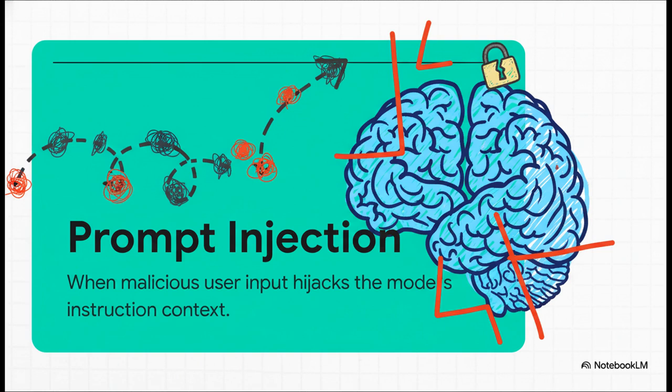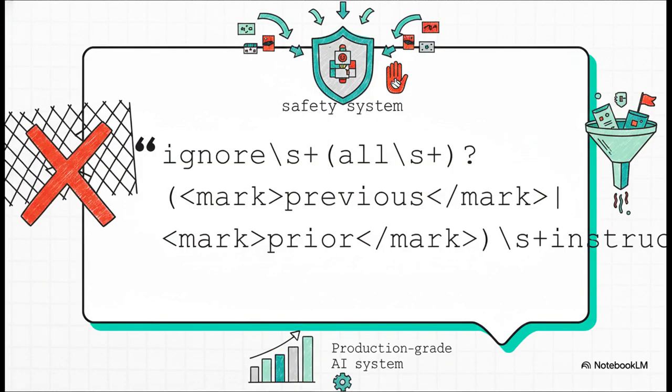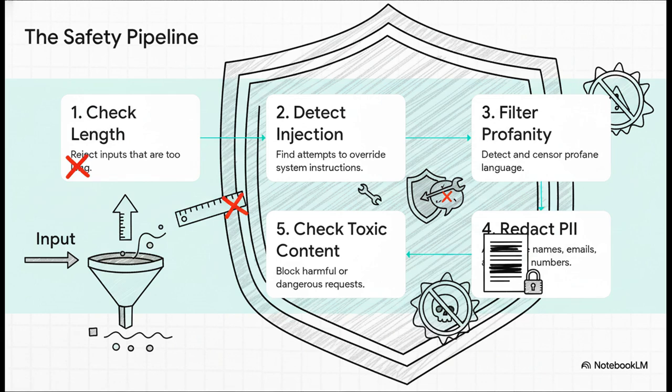It's like hijacking the AI's brain. And a prompt injection attack can look deceptively simple. A phrase like "ignore all previous instructions" is a massive red flag. A truly robust safety system has to be designed to detect and block these patterns before they ever even reach the model.